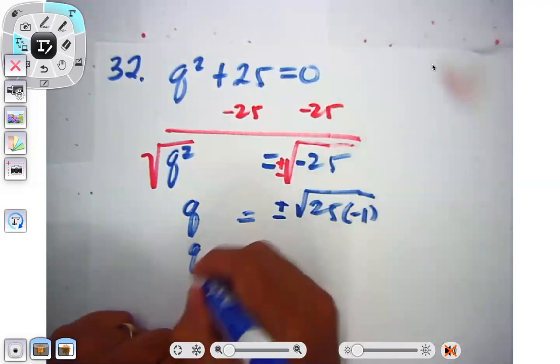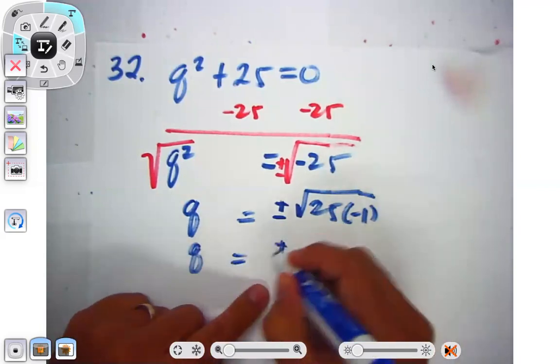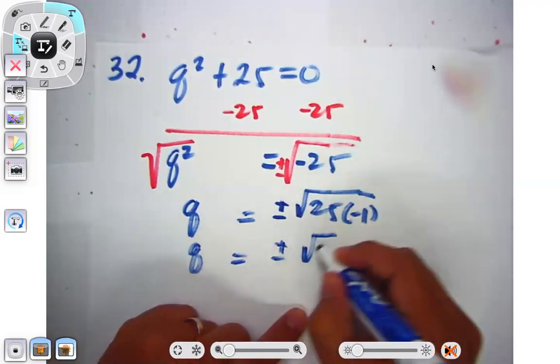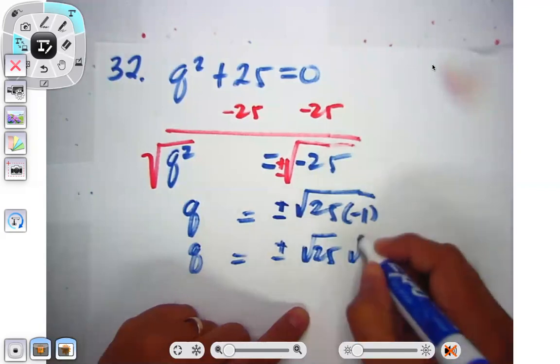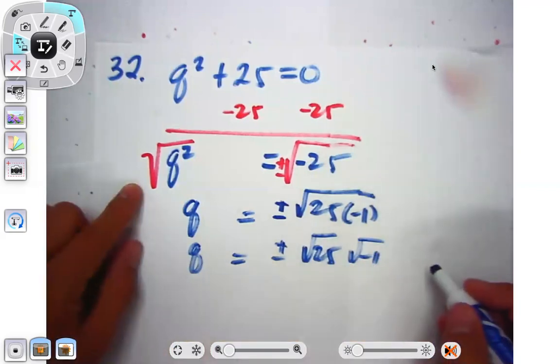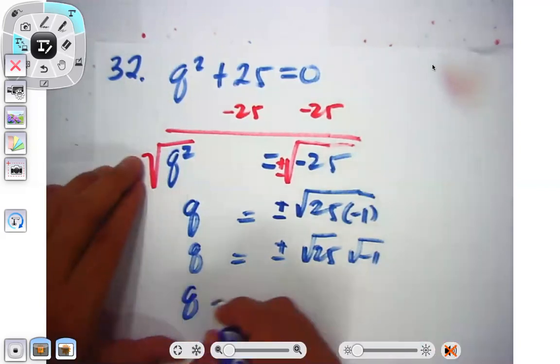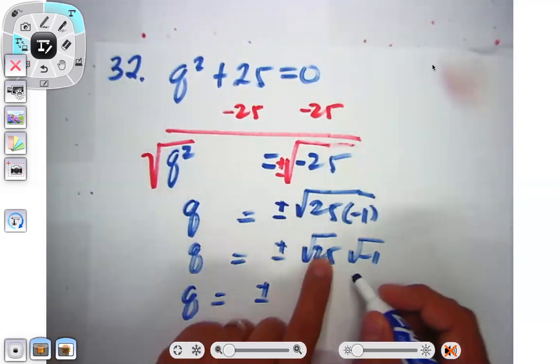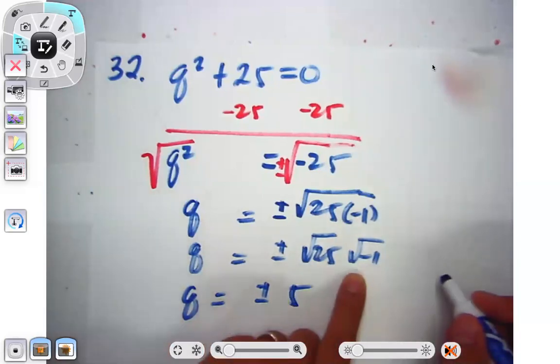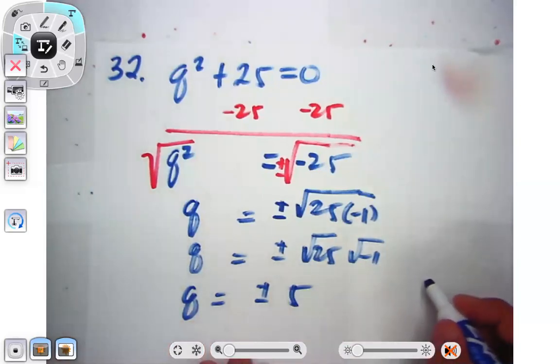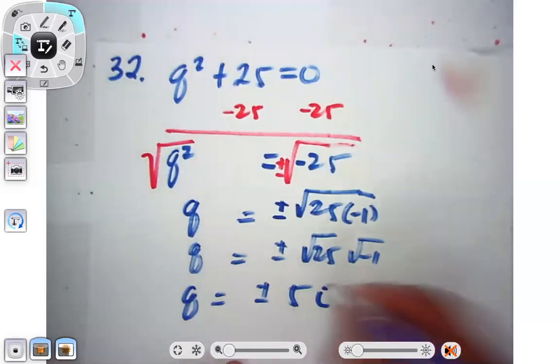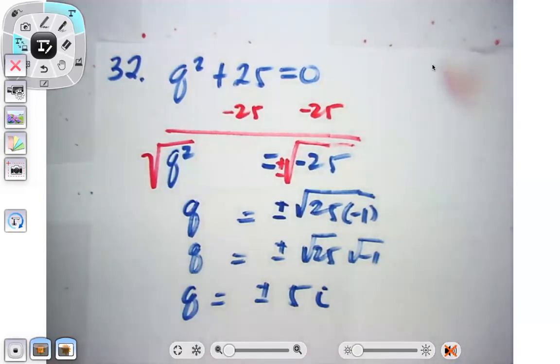And of course, we have positive, negative square root of 25 times square root of negative 1. What's the square root of negative 1? You have positive, negative square root of 25, which is 5. Square root of negative 1 is your i. All right, it's an i.